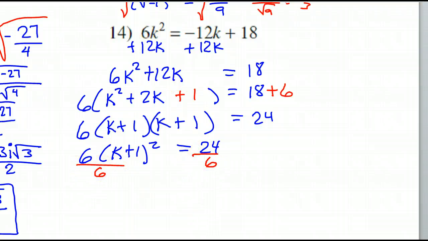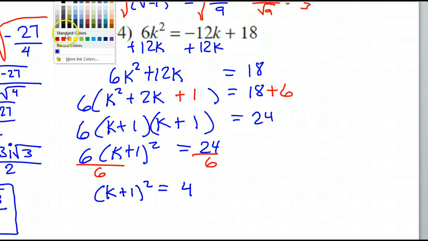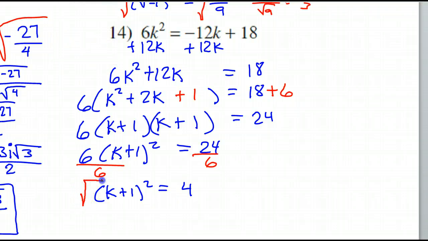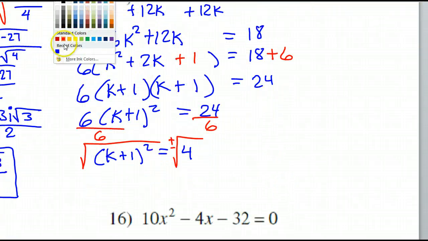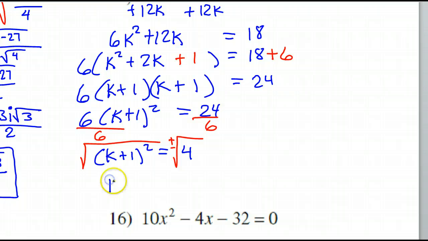Dividing both sides by 6, I get (k + 1)² = 4. Take the square root of both sides. So that's going to give me k + 1 is equal to plus or minus 2, because the square root of 4 is 2.